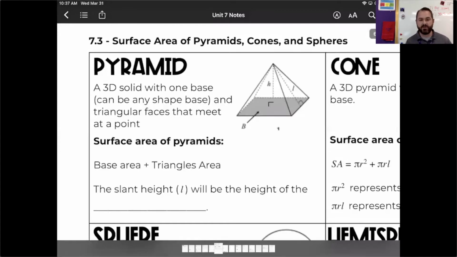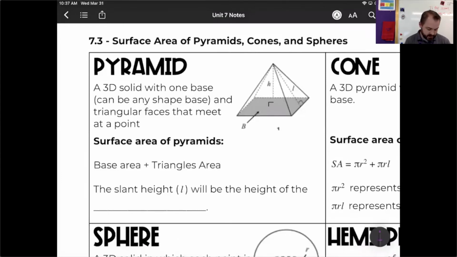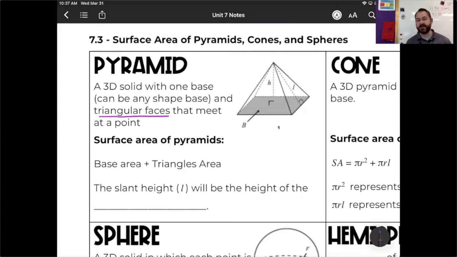What I want you to know about the base, though, is since this is a pyramid, the sides are all triangular faces. Any side of a three-dimensional solid is called a face. So the triangular faces are all on the sides. So any face that is not a triangle has to be the base.